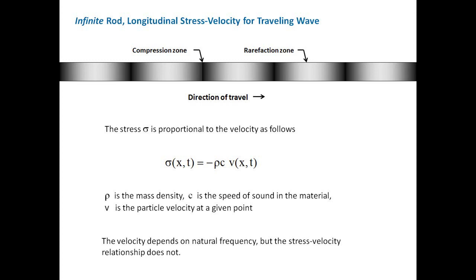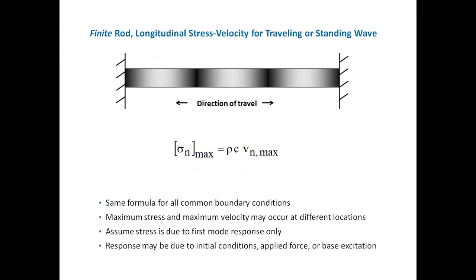But this simple stress-velocity relationship becomes the basis of everything we're going to do from here on out. So here's another case. Again, we have a longitudinal rod, but in this case it's a finite length with fixed boundaries on both the left and right.